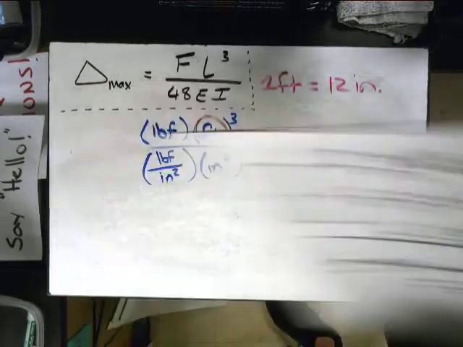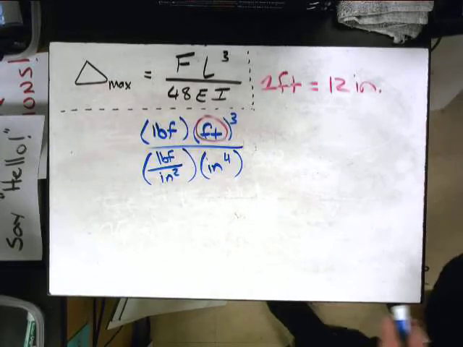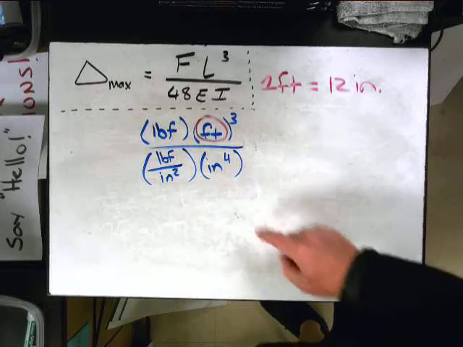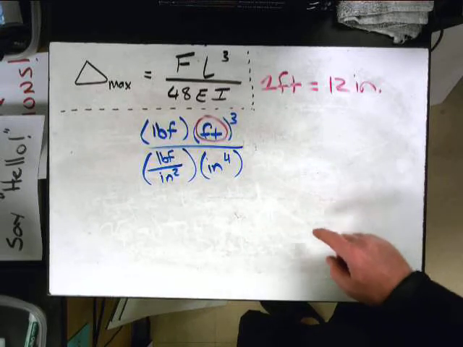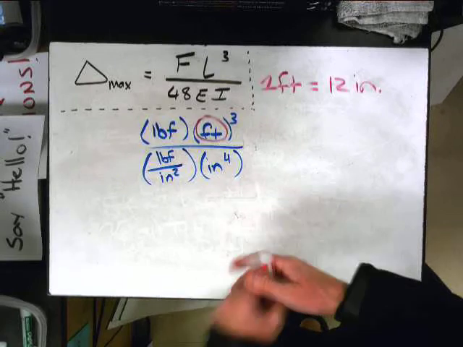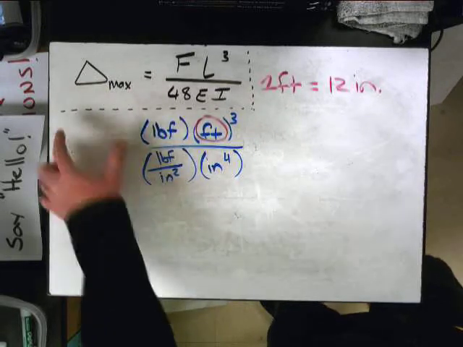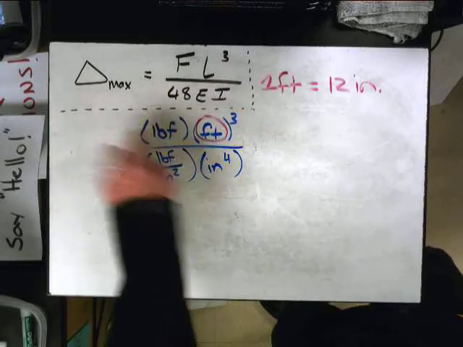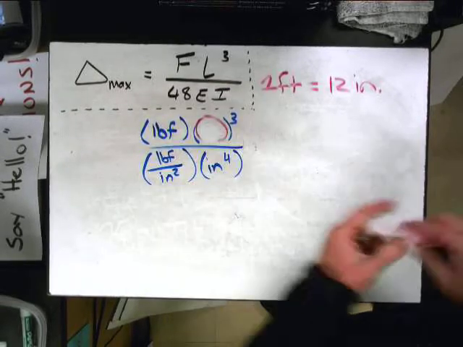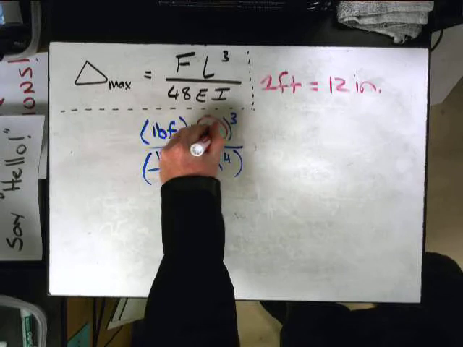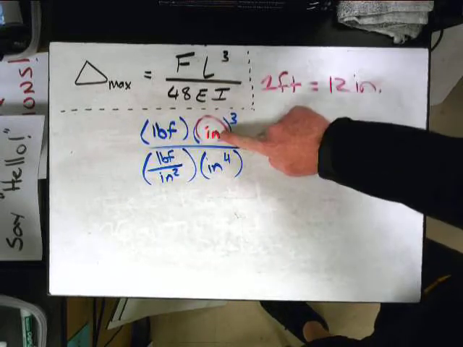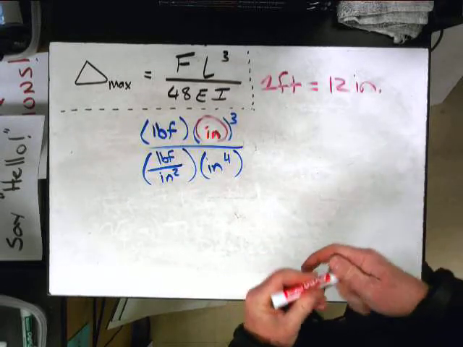But here I'm not actually computing the answer. Here I'm just looking at the units and how they all come out to something good for measuring the maximum deflection, a final single unit of length, of distance. So I will change that to inches right here. The length of the beam is now measured in inches. Cool.